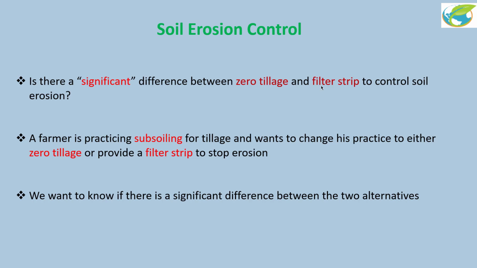So what would be the difference between zero tillage and filter strip if he wants to control soil erosion? We want to know if there is a significant difference between these two methods that, of course, cost differently. So we would like to know which one is better to control the erosion or if there is any difference between them.